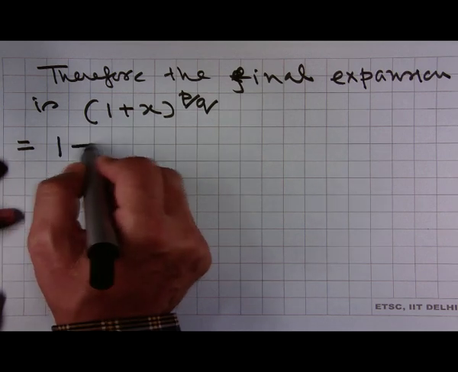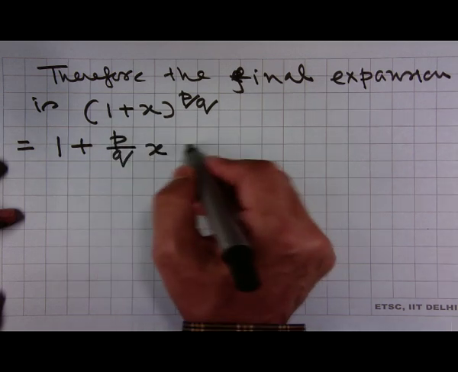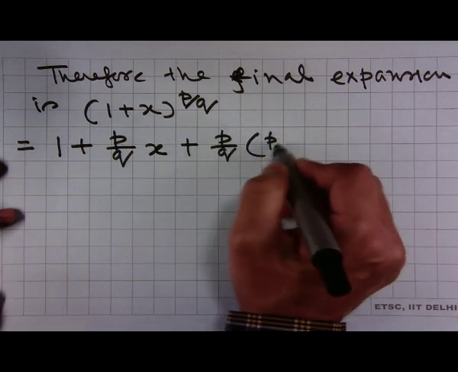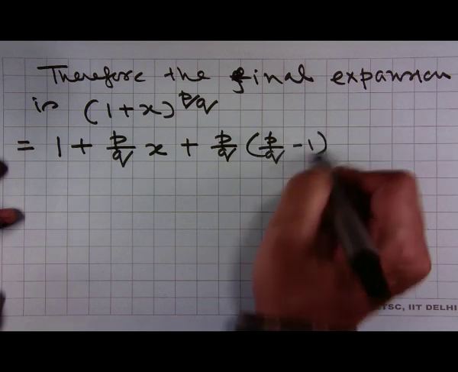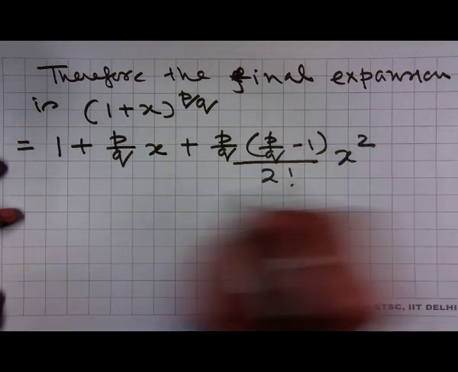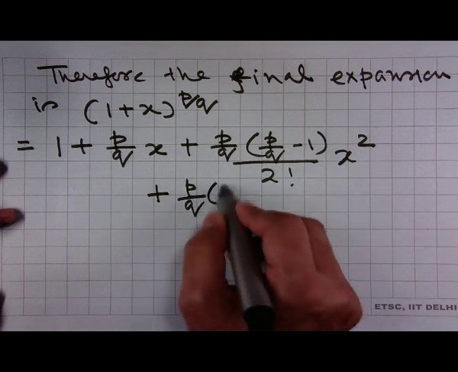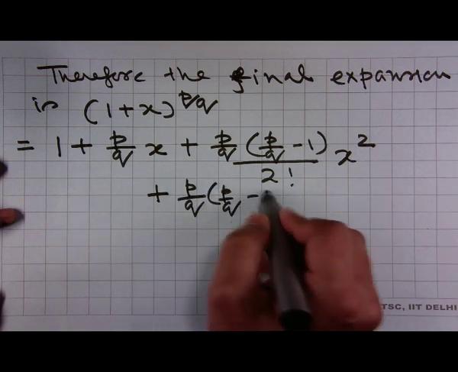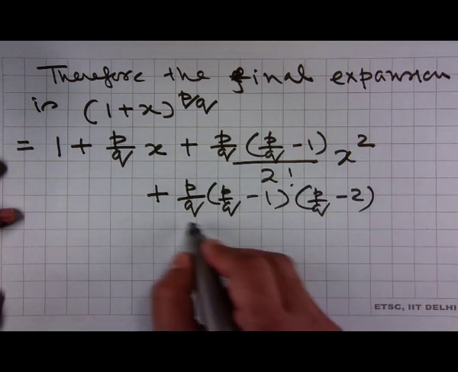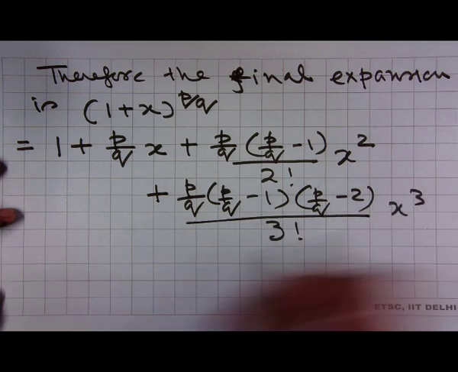This is equal to 1 plus p by q times x plus p by q into p by q minus 1 upon factorial 2 times x square plus p by q into p by q minus 1 into p by q minus 2 upon factorial 3 times x cube plus.